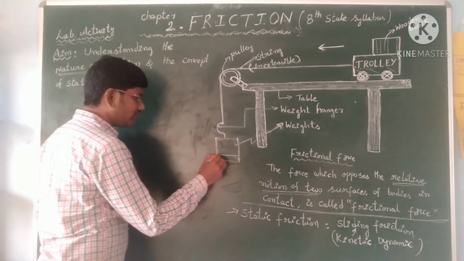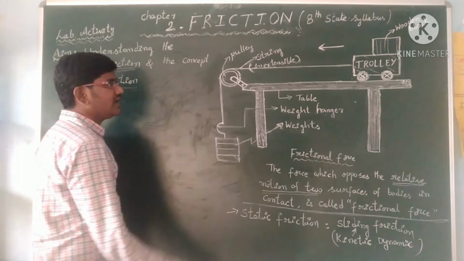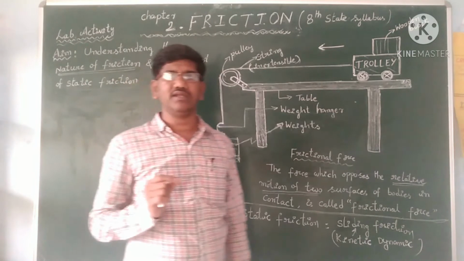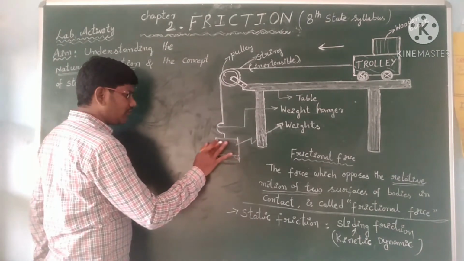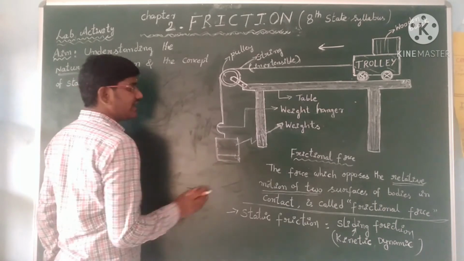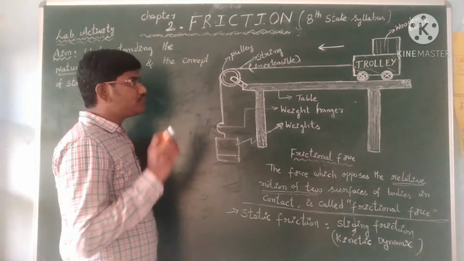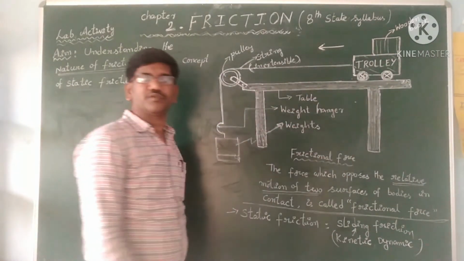These are called weights. Now take a small weight, put it in the weight hanger, and observe the motion of the trolley and the wooden block.